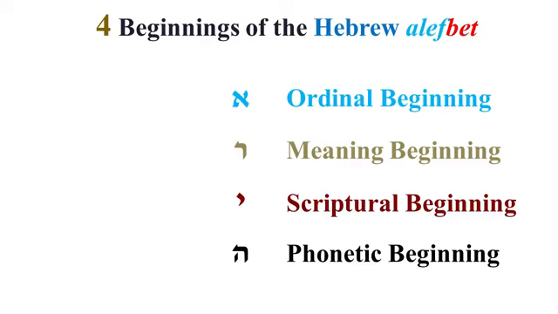And there's a fourth beginning. There's a phonetic beginning. The phonetic beginning is hey. You can't read the Torah without first taking a breath. When you inhale and the breath comes out. And what is hey? Hey is that letter that a Jewish person just can't define.